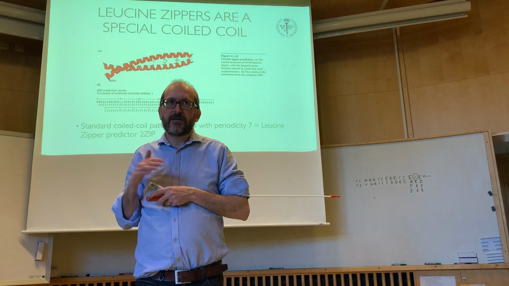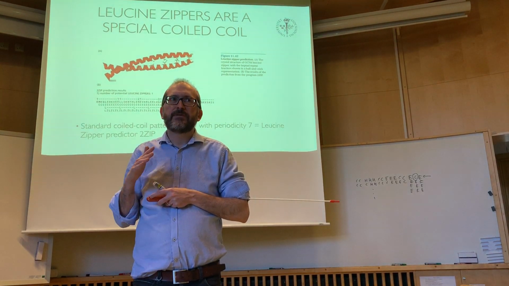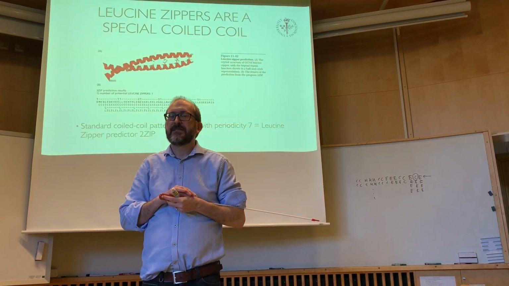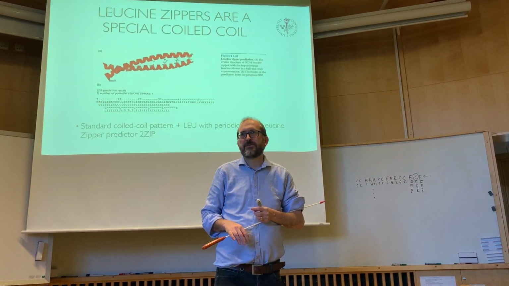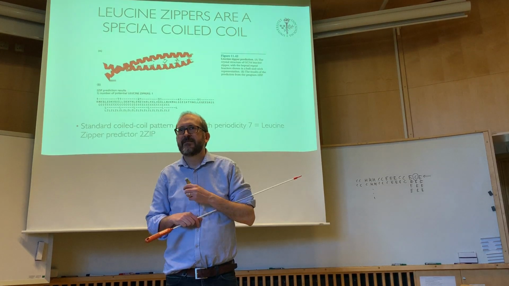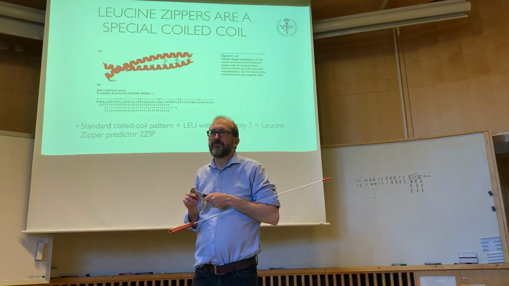Okay, so are there any other questions? How many people have heard of leucine zippers? So what do you think leucine zippers are? Why do they call them zippers? What does leucine look like?